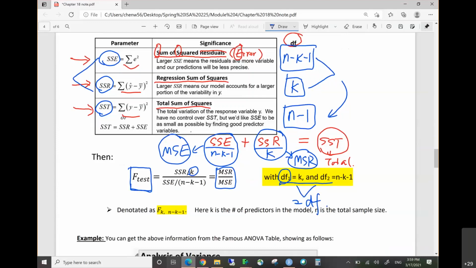Degree of freedom 2 is the degree of freedom in the bottom, the denominator degree of freedom. So we can write it like this: F with the first degree of freedom k and the second degree of freedom n minus k minus 1.